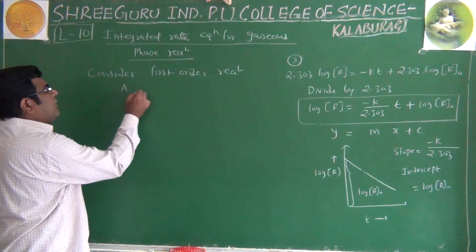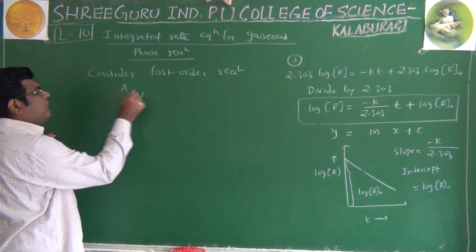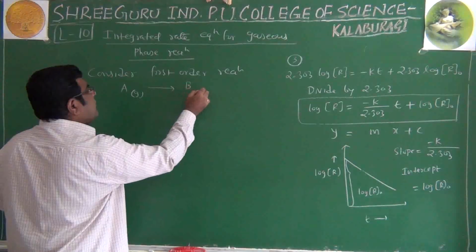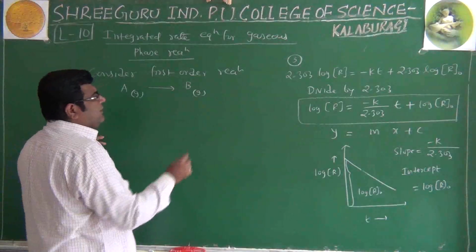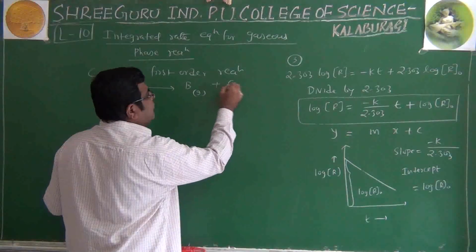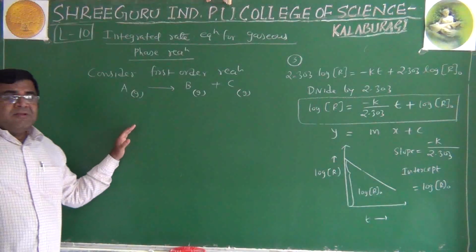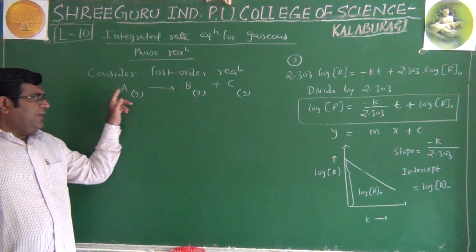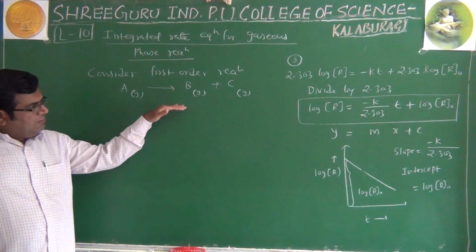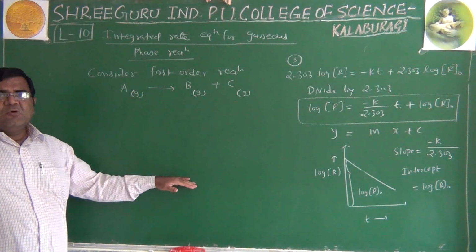A in gaseous state, 1 mole of A gives 1 mole of B in gaseous phase, and 1 mole of C in gaseous phase. This is the equation. Remember, if we change this equation as 2A gives B plus C, our derivation will take a different course.